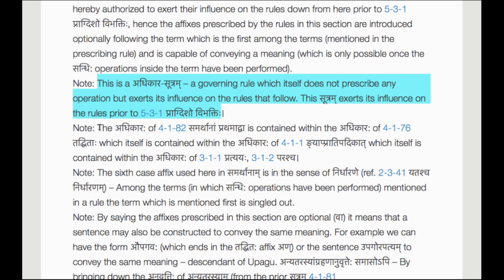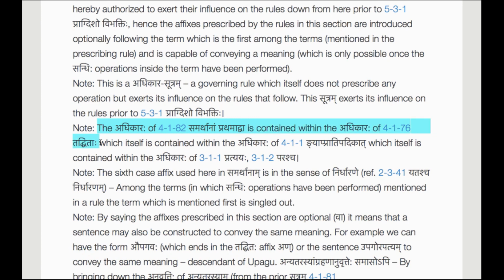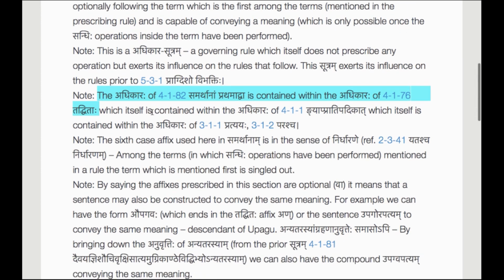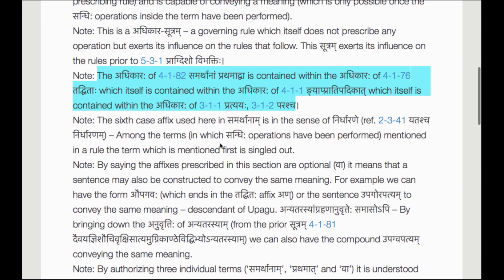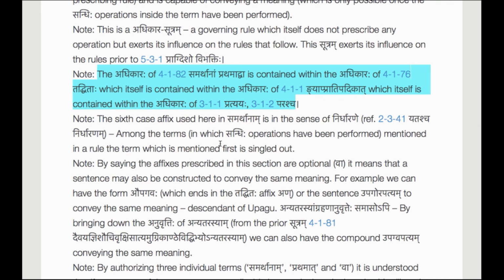Second note says the Adhikara of 4.1.82, Samarthanam Prathamadva, is contained within the Adhikara of 4.1.76, Taddhitah, which itself is contained within the Adhikara of 4.1.1, Ngyaapprathipadikat, which itself is contained within the Adhikara of 3.1.1, 3.1.2, Pratyayah Parashcha. We already mentioned that the Taddhita affixes are employed following a Pratipadikam, actually technically following a Subantam.